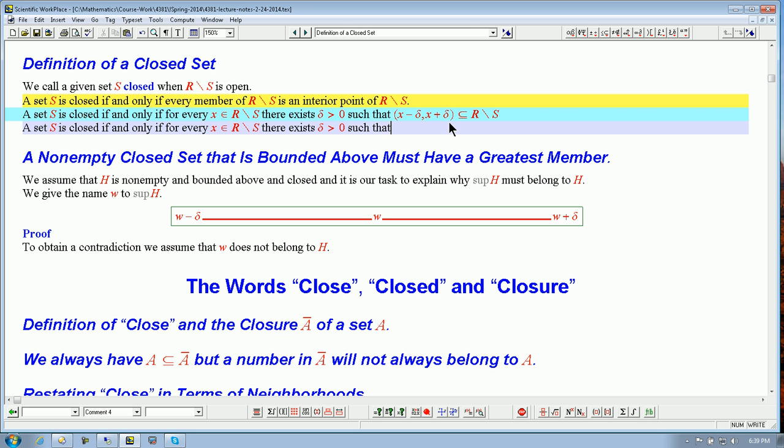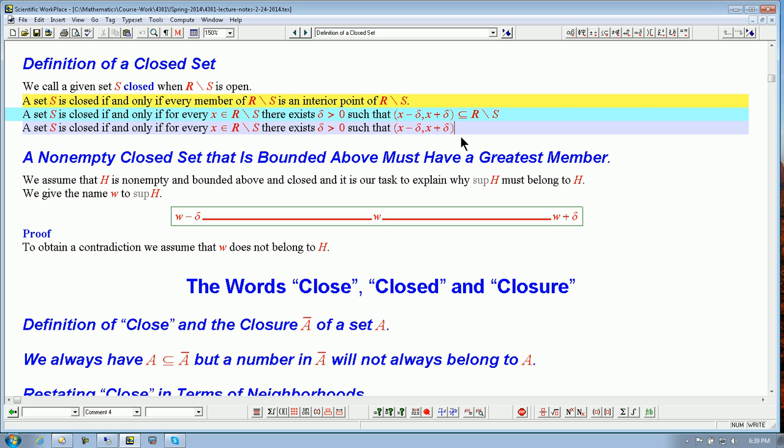The assertion that this stick is a subset of complement S is the assertion that this stick does not contain any numbers that belong to S. All the members of that stick have to be where?